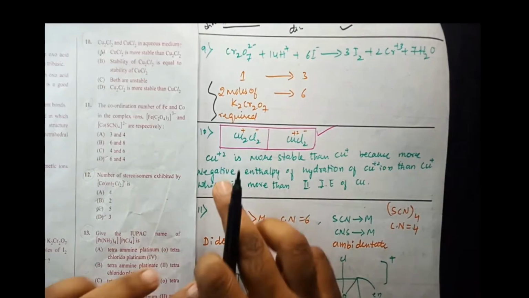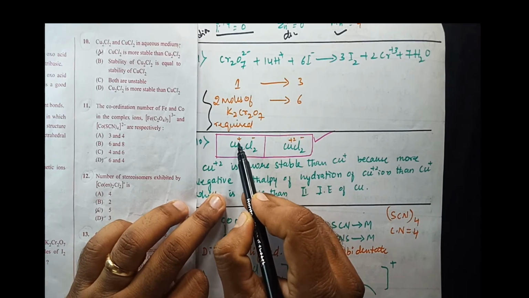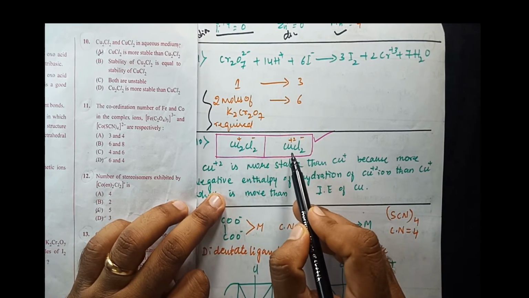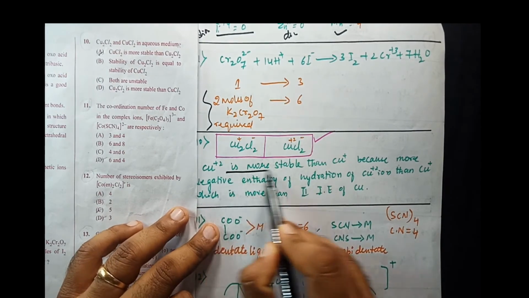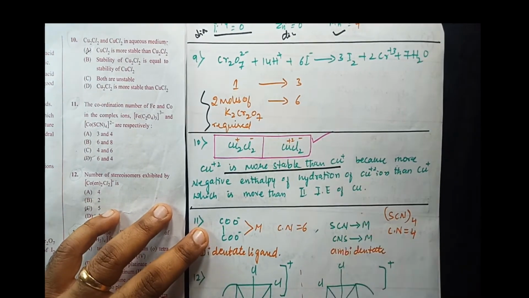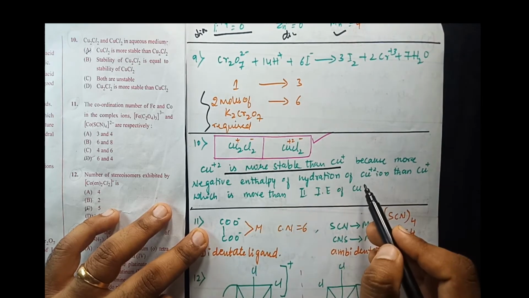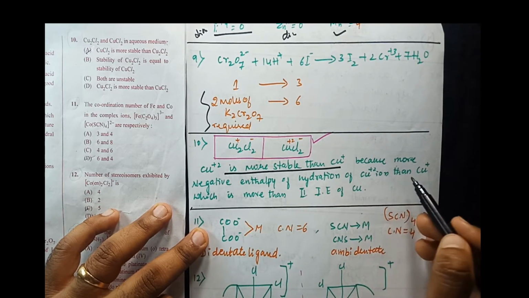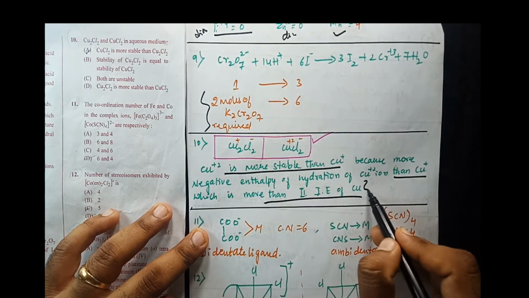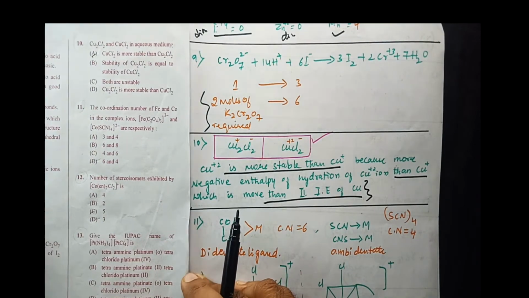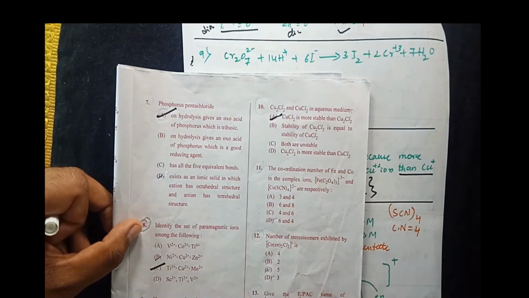Look here friends, in Cu2Cl2 copper has +1 oxidation state, CuCl2 has +2 oxidation state. The +2 oxidation state is always more stable than +1 because of the more negative enthalpy of hydration of the Cu2+ ion, which more than compensates the second ionization energy of copper. So the first option is the right option.